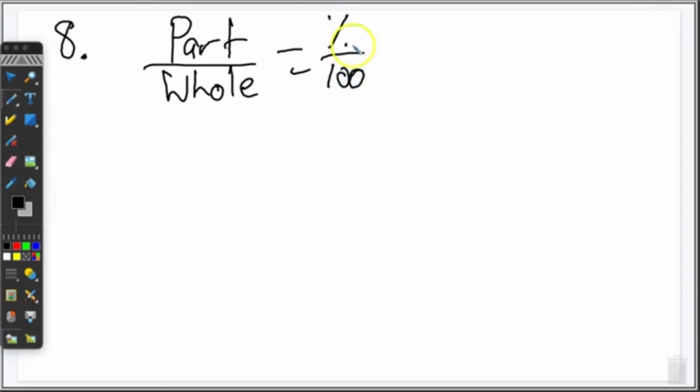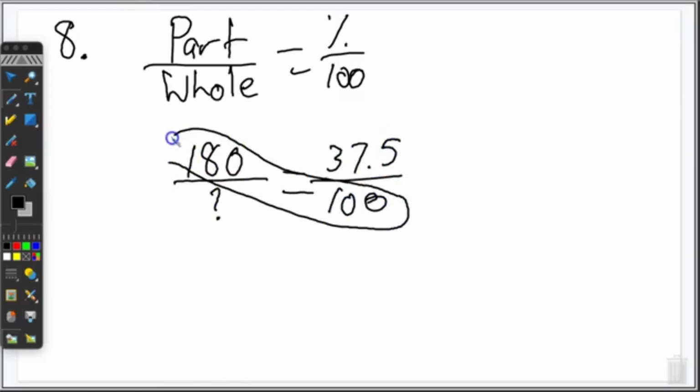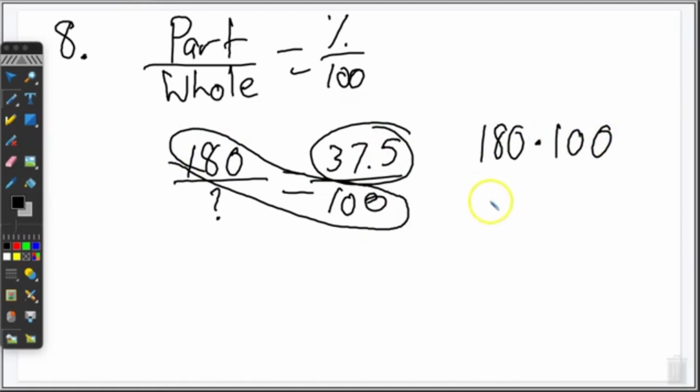So the part is the people that she surveyed, 180. We do not know the total amount. It's how many people did she survey. We don't know that. But we know the percent is 37.5, and that's over 100. So bat and ball method. So we multiply 180 times 100, and we get 18,000.